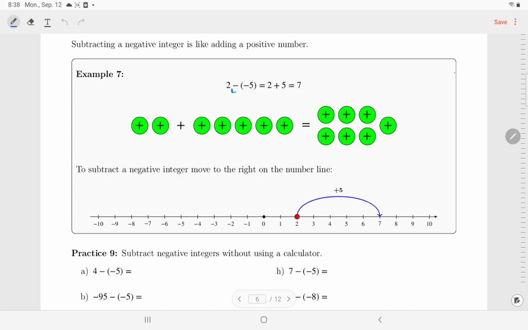When subtracting a negative integer, we add that integer as a positive integer. So how can we explain that subtracting a negative integer is the same as adding the positive of that integer? There are two explanations.